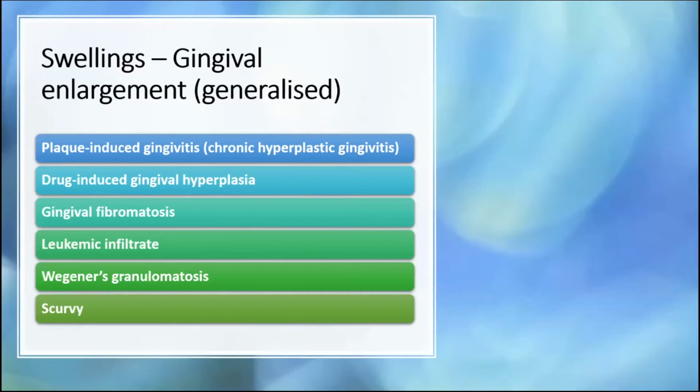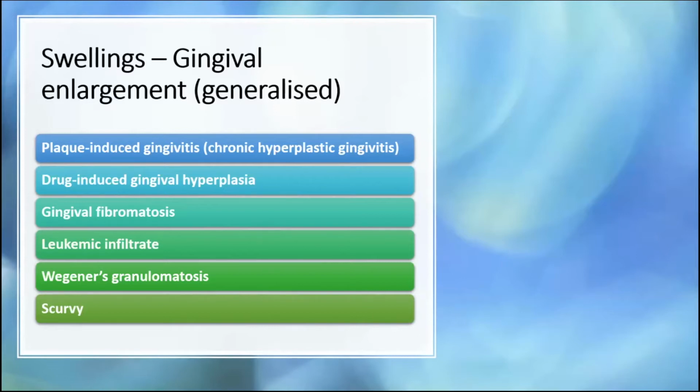So drug-induced gingival hyperplasia, certain drugs like nifedipine, for example, can cause it, is followed by gingival fibromatosis. That's a hereditary condition, looks very much like the drug-induced gingival hyperplasia, but there is a genetic background to that. Leukemic infiltrate.